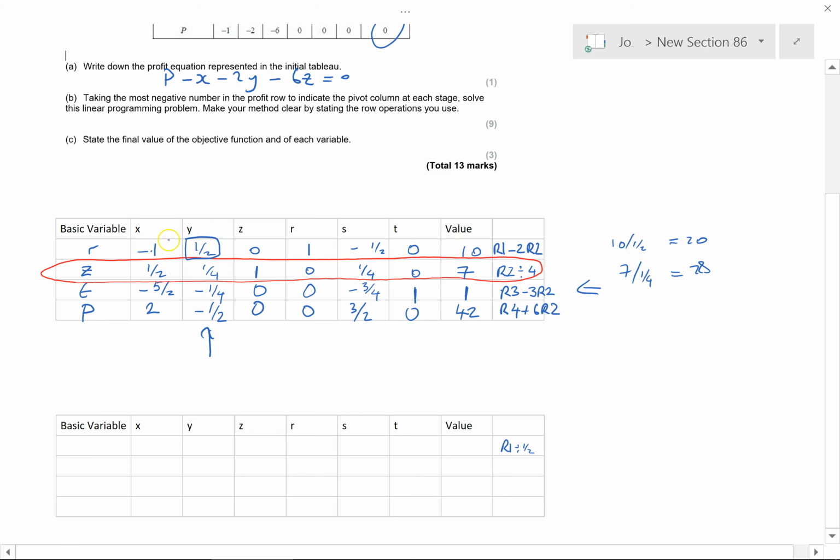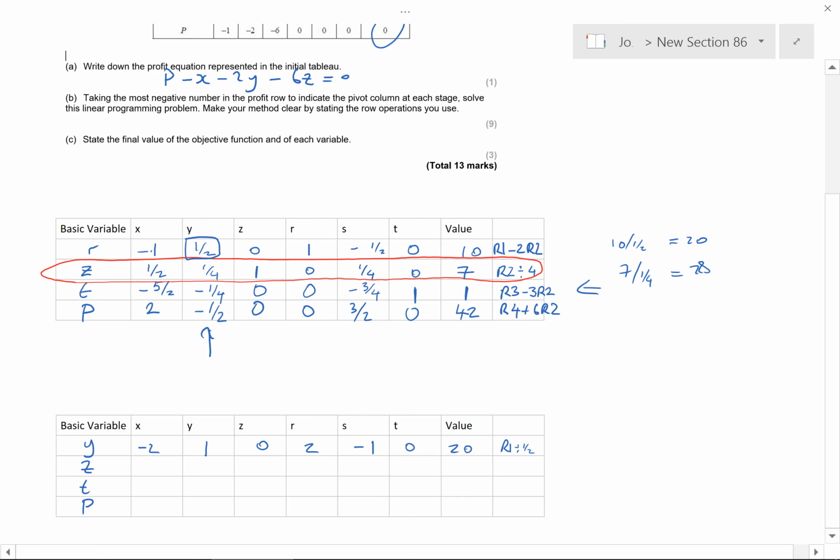Let's make sure we swap out our basic variable as well. So we've got Y instead of a swap for the R. The others are obviously unchanged. Times everything by 2, so that makes that minus 2, 1, 0, 2, minus 1, 0, and 20.